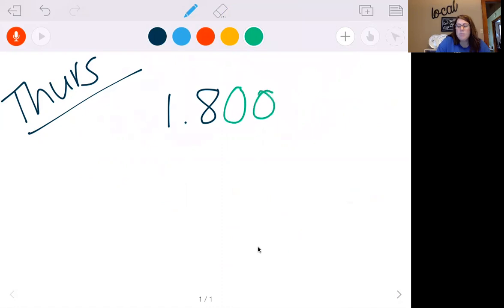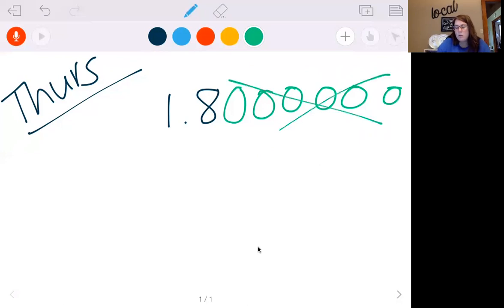You can add as many zeros as you want, and it would still be the same decimal. That's because in decimals, we don't need those extra zeros. So we still read this as 1 8/10. So if I'm asking you to make an equivalent decimal, the easiest way is to put a 0 at the end.